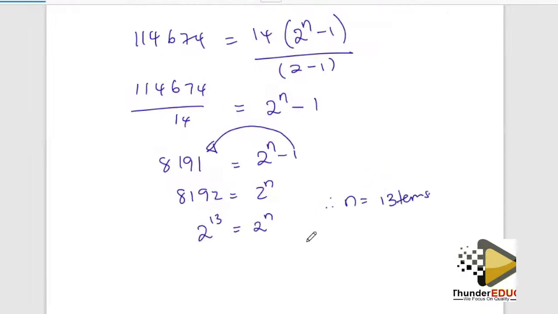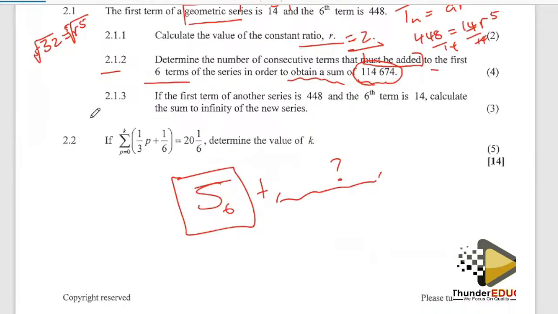So we're going to say 13 minus 6, which is 7 terms that must be added. That is my understanding of this question. So I'll get my answer as 7 terms.